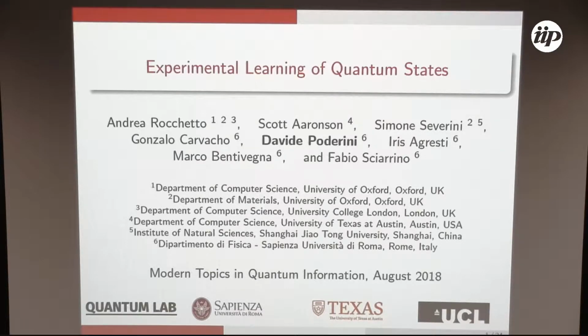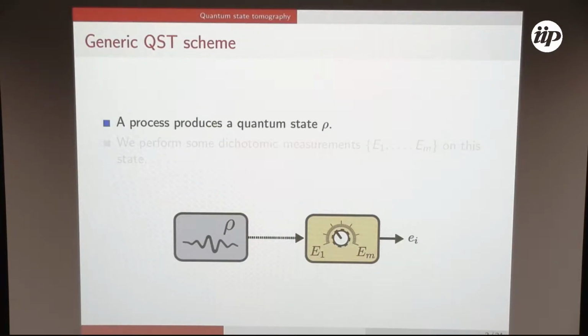So let me start by briefly recapping how a generic quantum state tomography scheme works.